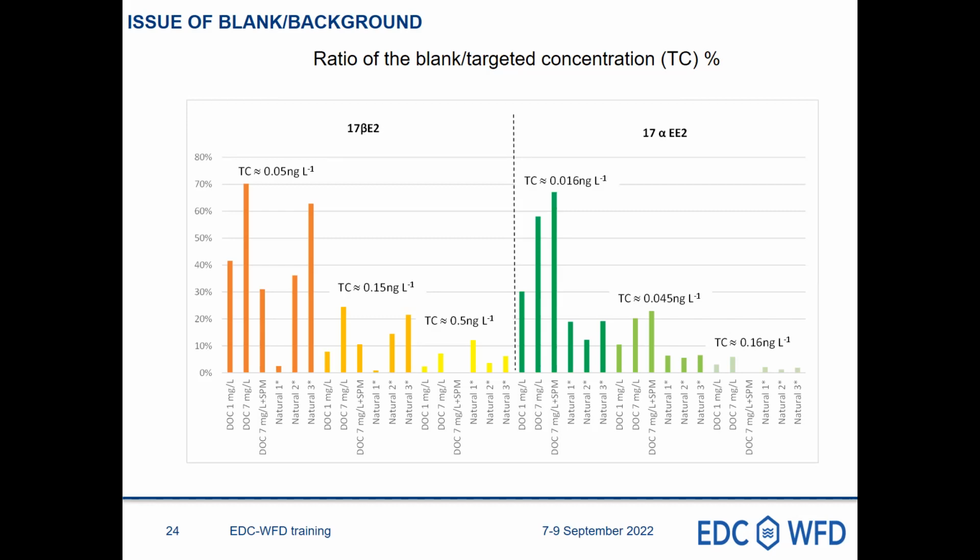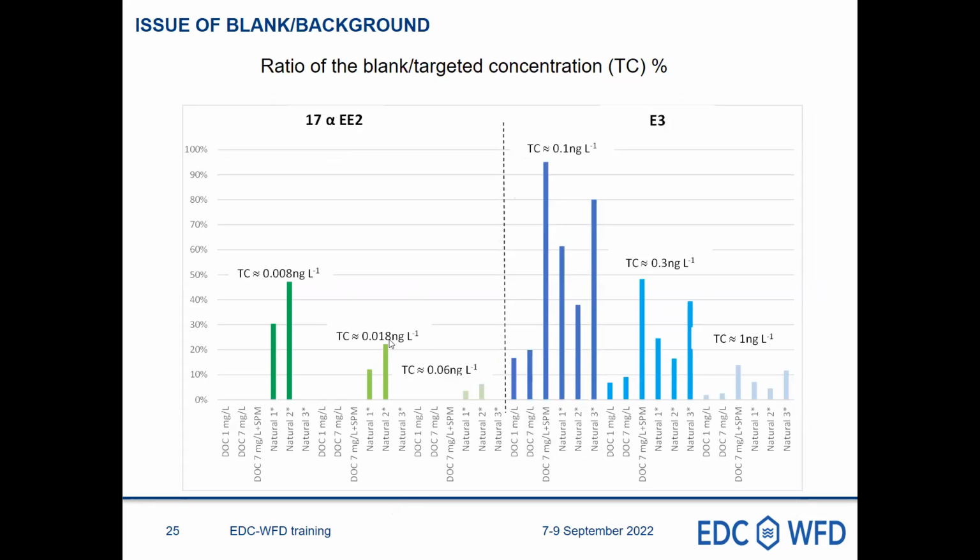This is a first example from one lab. This is a second example from another lab. The metrics were different, of course. But here again, you see that at the lowest level, we have some difficulties overcoming this issue of finding blank matrices without any significant background inside.